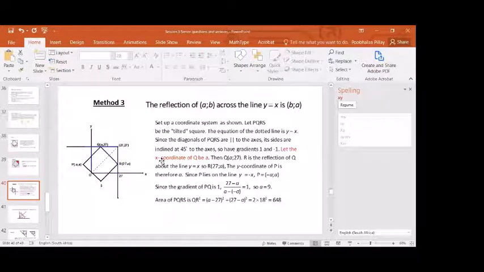I'm going to explain it because I've got the diagram here and I'm going to explain this diagram. I hope you can all see this. It's kind of small.